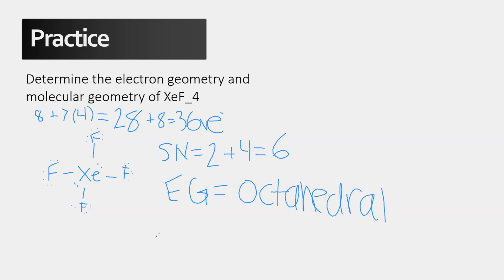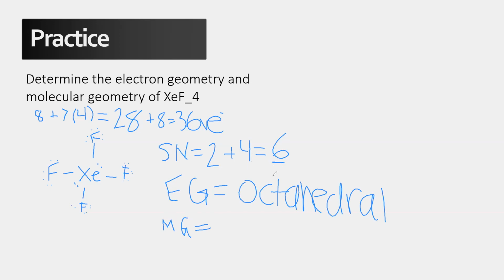And let's see, the molecular geometry is where we take into account how many electron pairs there are and how many atoms there are within this steric number of 6. And we see, okay, 2 of them are electron pairs, 4 of them are atoms.